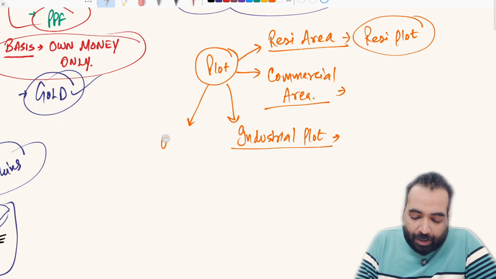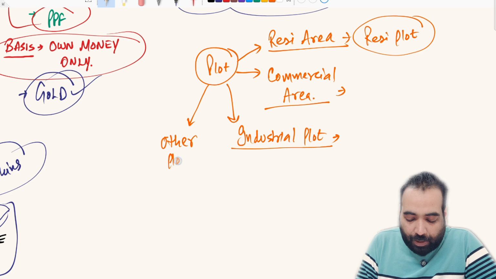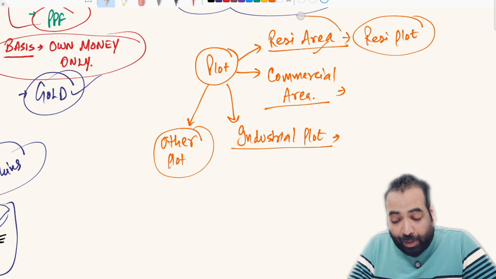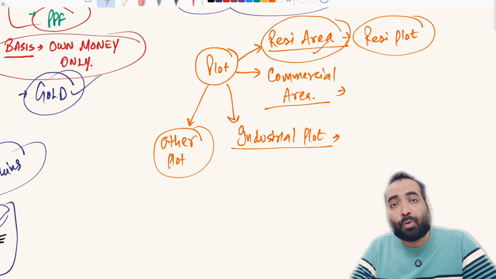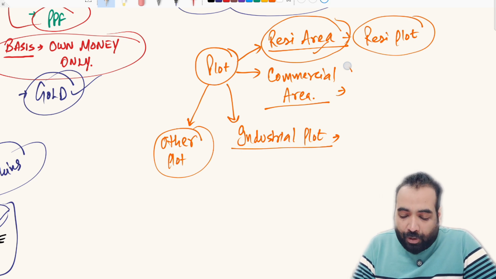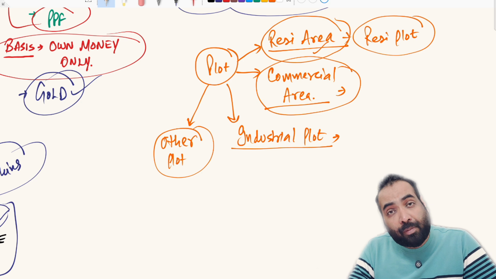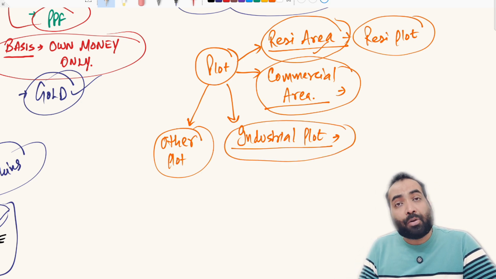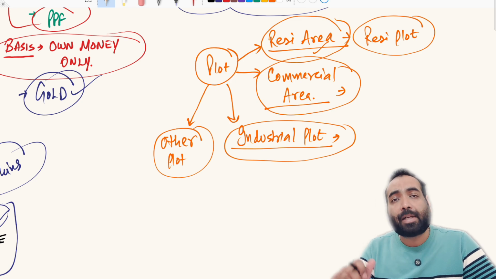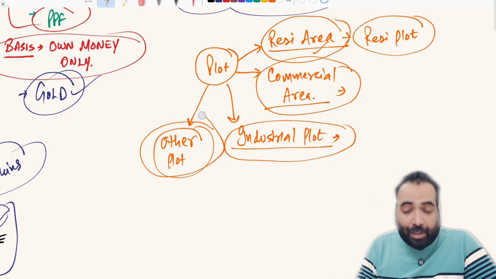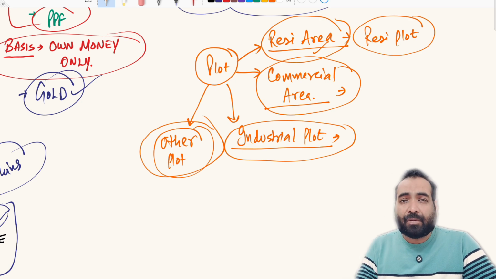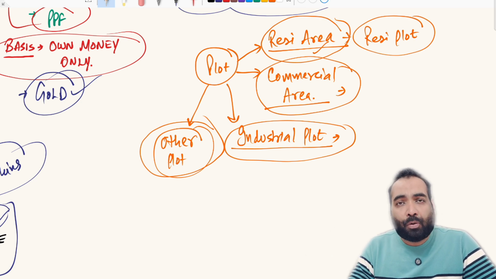And the fourth one is other plots. These are plots not located in a proper resi area, or located in a resi area that is totally underdeveloped, not located in a commercial area, or located in a commercial area that is totally underdeveloped, not located in an industrial area, or located in an industrial area that is totally underdeveloped, or plots located outside the city, in the fields, in an area which is not even looked into by local residents or the nearby population.